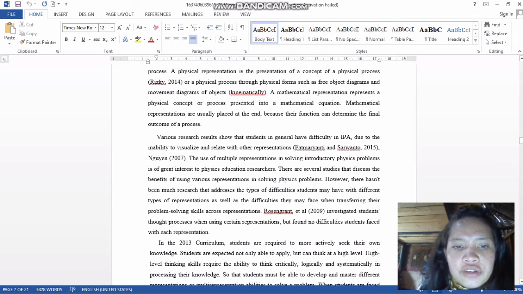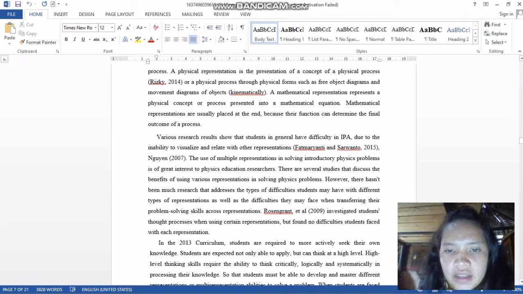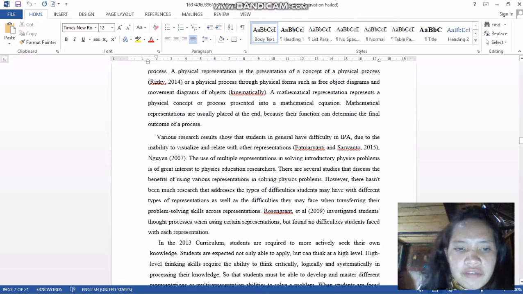The use of multiple representation in solving introductory physics problems is of great interest to physics education research. There are several studies that discuss the benefit of using various representations in solving physics problems.